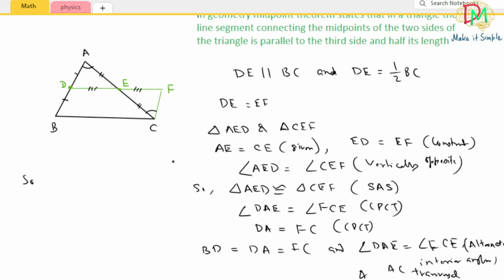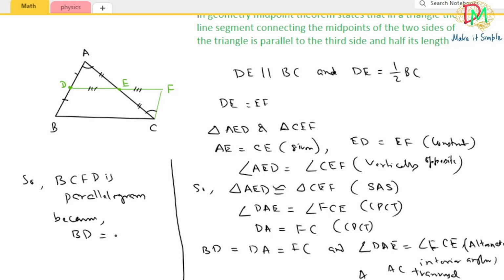So BCFD is a parallelogram, because BD is equal to CF and BD is parallel to CF.